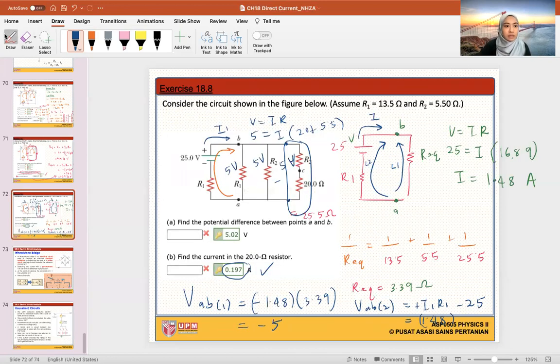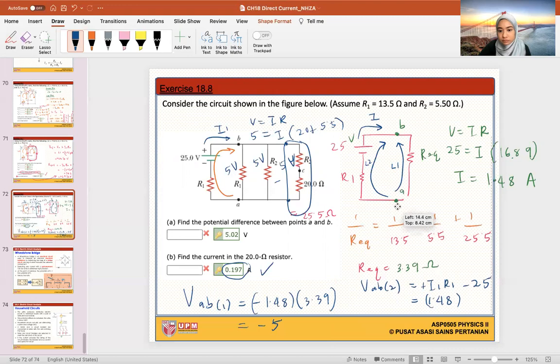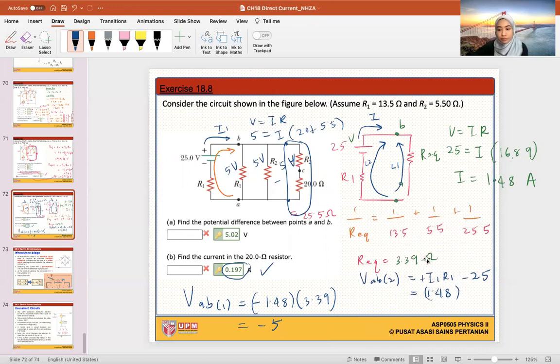I need space. Wait. 1.48 and then R1 was how much? 13.5. This is positive, minus 25. So let's see. 1.48 times 13.5 then minus 25.